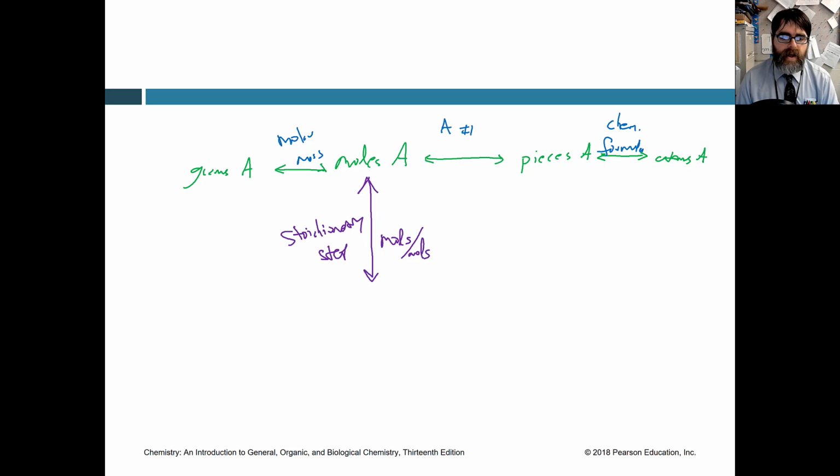Well, once we've done that, we have moles of another substance, like moles of B, and we can go through all of those same conversions to grams of B, to pieces of B, and if necessary to atoms of B.